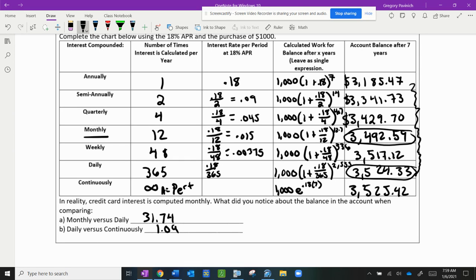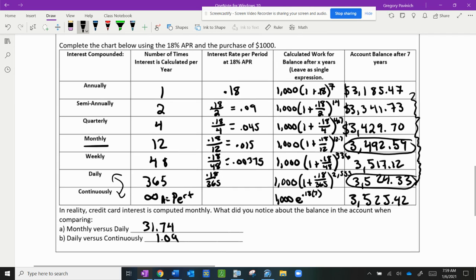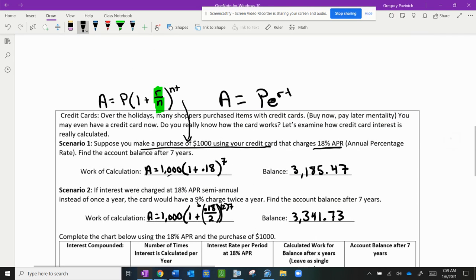So notice the more times that you start compounding this, or how many times you're going to charge the interest over a year, really starts to wash away, even between daily and continuously, meaning at every millisecond, every second.